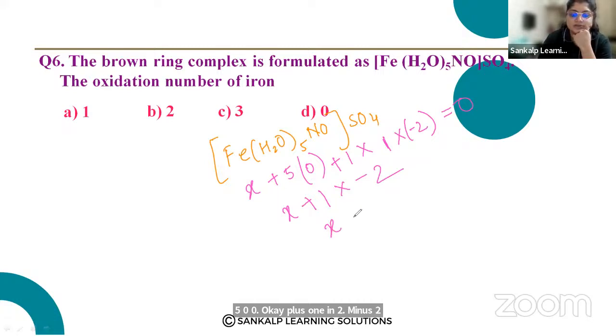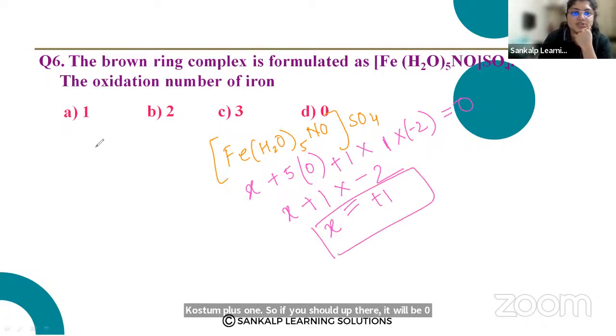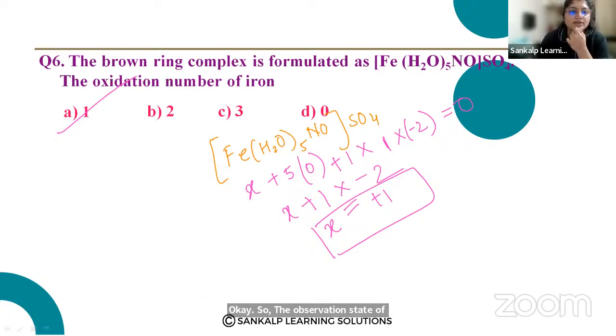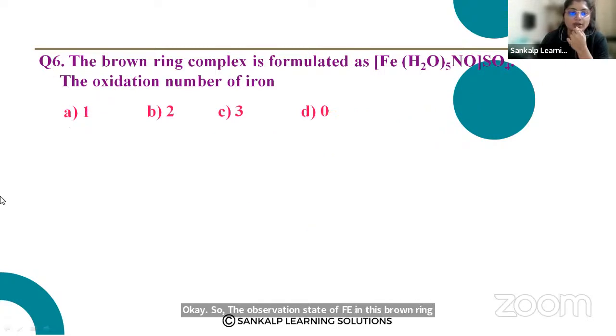X minus 1 equals 0, so X equals plus 1. So it is option number A. The oxidation state of Fe in this brown ring complex is plus 1. I hope you are getting it.